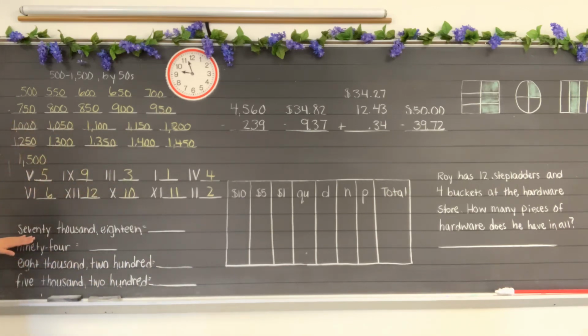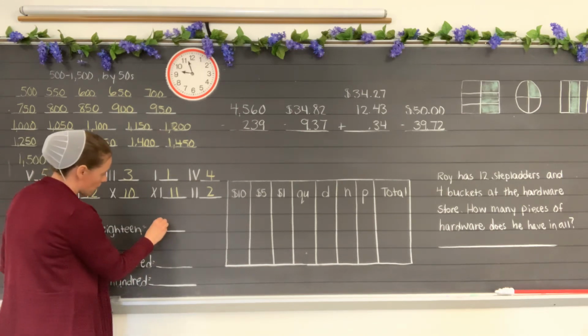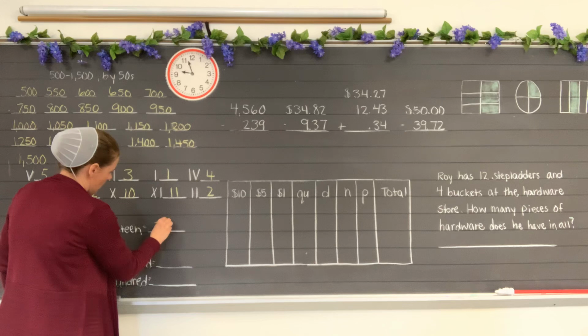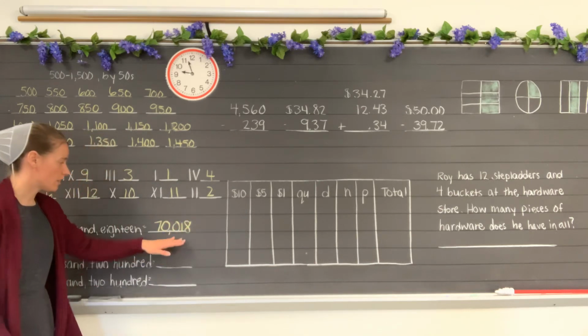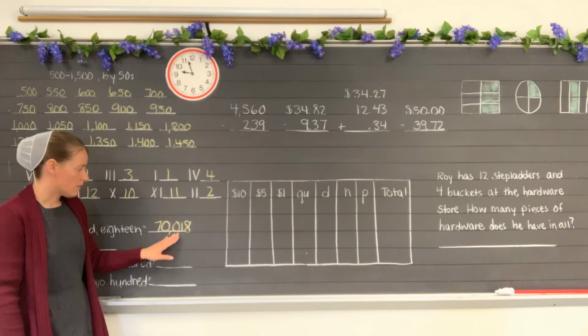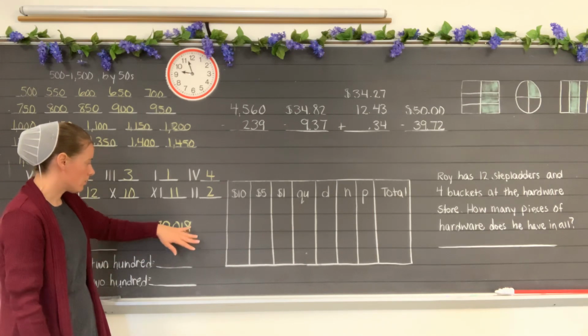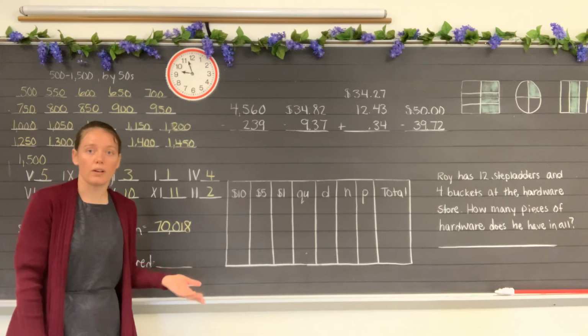Okay, then here you have numbers. The first one says 70,018. So I'm going to write numbers for the words. 70,018. Don't forget your 0 here, because if you put a 0 after the 8, then it would say 180.